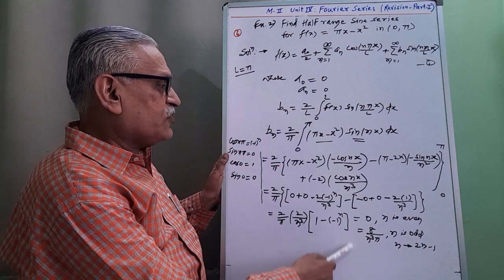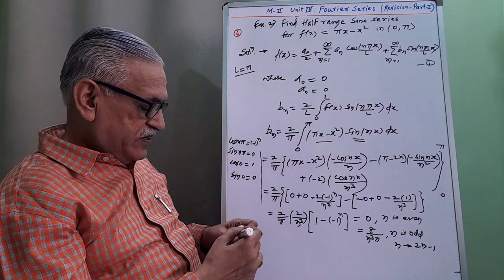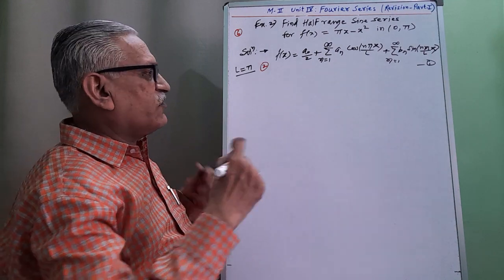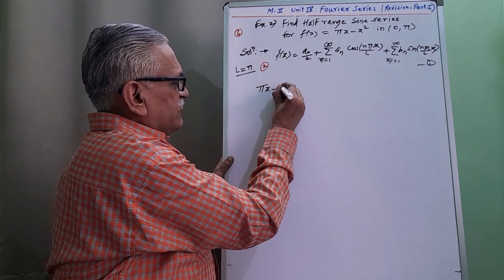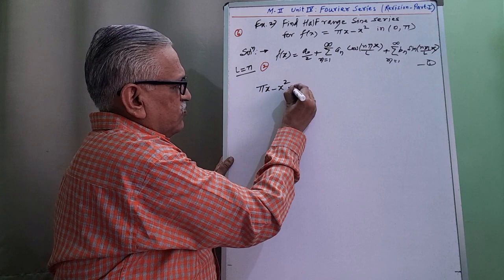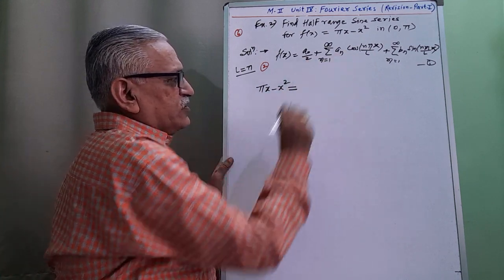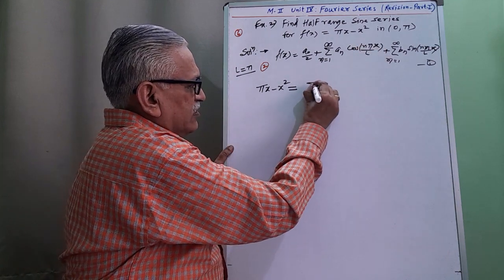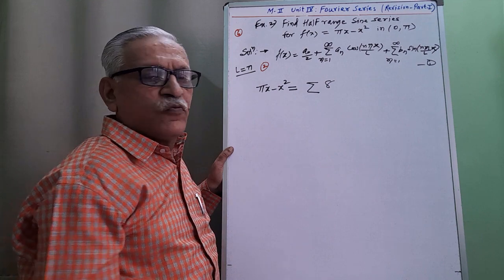And therefore, substituting all these values in equation 1, function fx is pi x minus x square, for which we require to find the Fourier series. A0 is 0, an is 0, those two terms become 0. Bn is 8 by n cube pi.